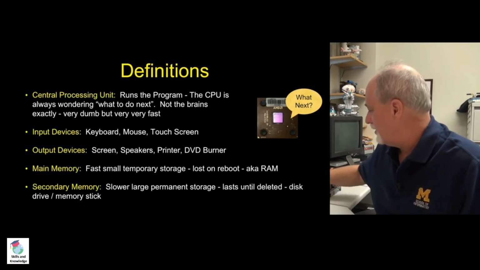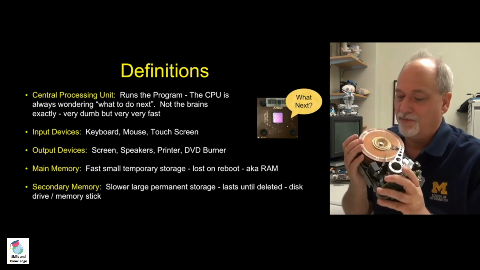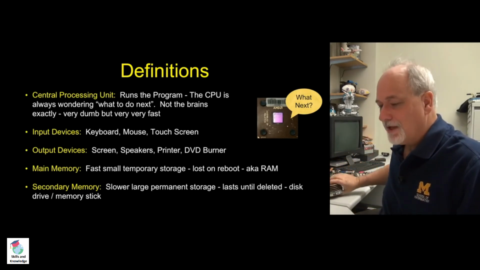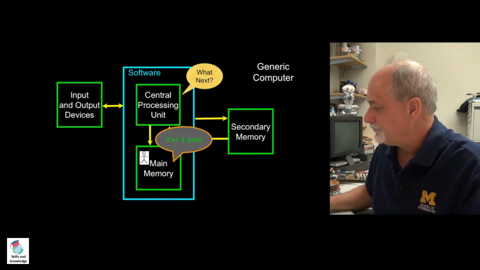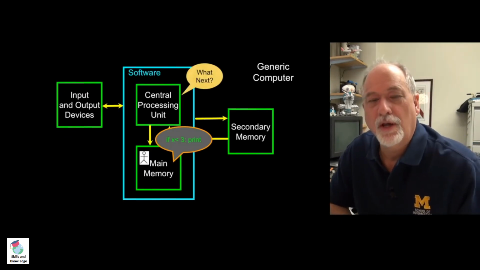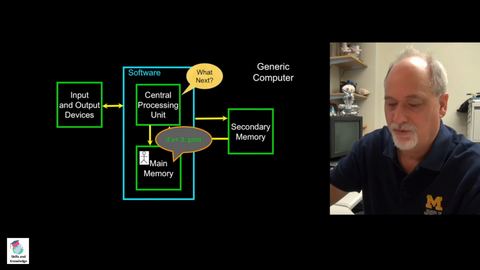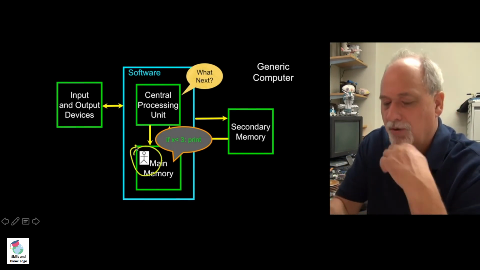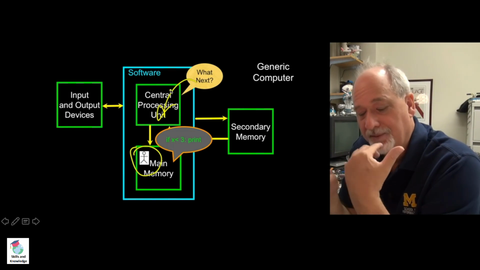And so in a few years, you'll not even be able to see secondary memory with moving parts. But that's okay. It's still secondary memory. It's still memory that lasts. And where your place is in here, is you live in the main memory. This is you. You are here. And so, in a sense, when the CPU asks the question, what next, it is your job to answer that.